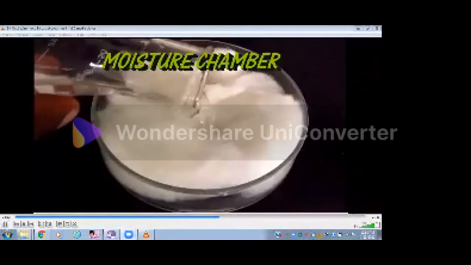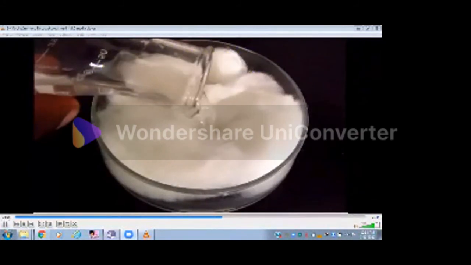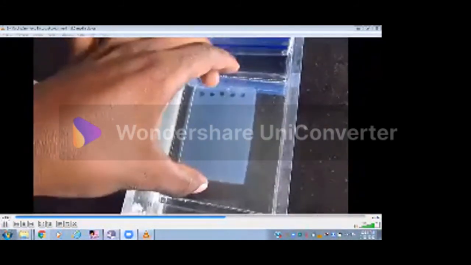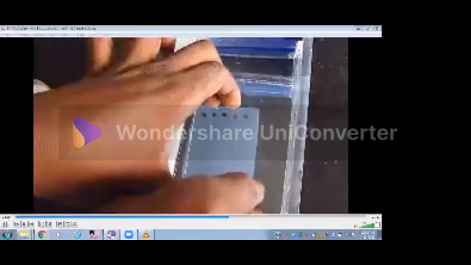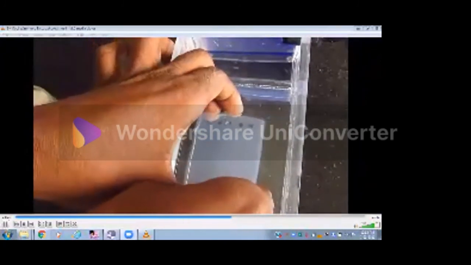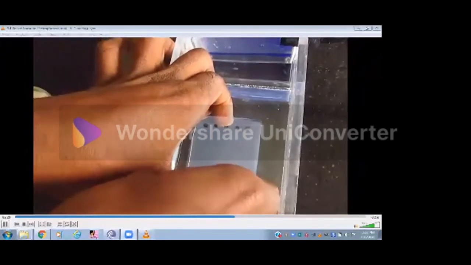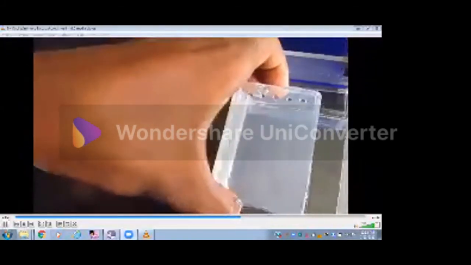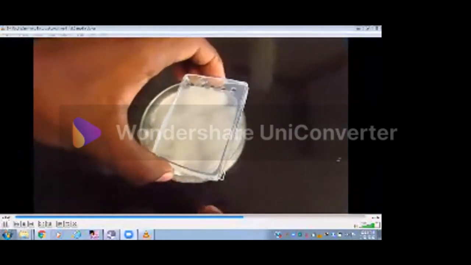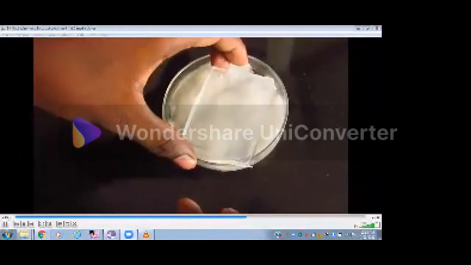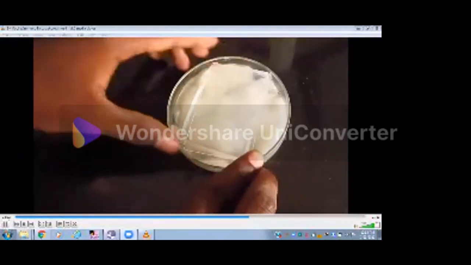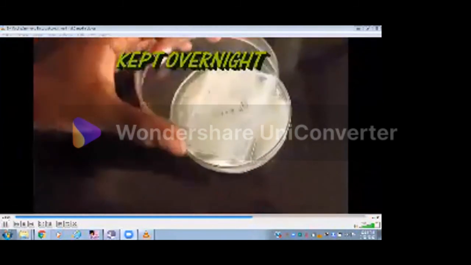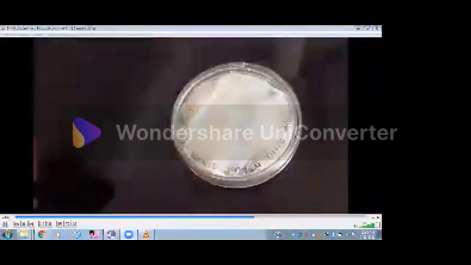Moisture chamber is kept ready by placing a wet cotton in a Petri plate. After gel run, take the gel from the tank and place it in the moist chamber and incubate the plate overnight at room temperature.